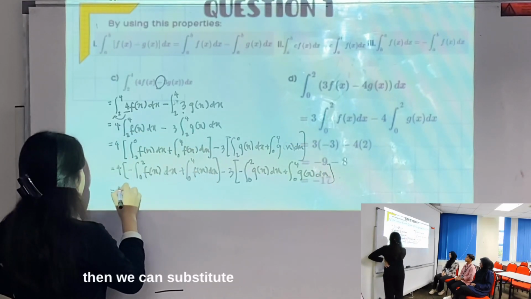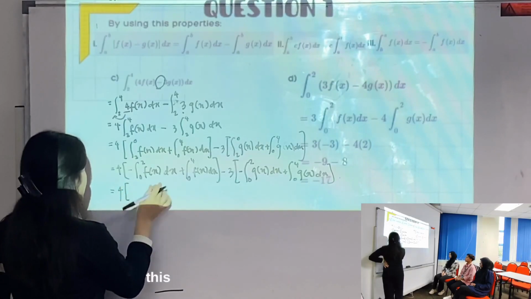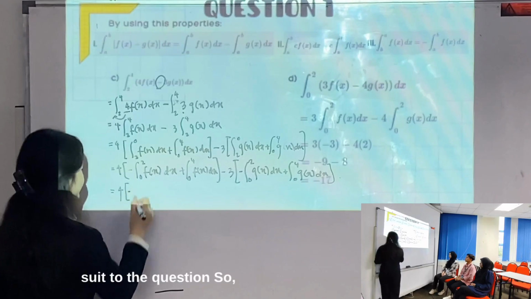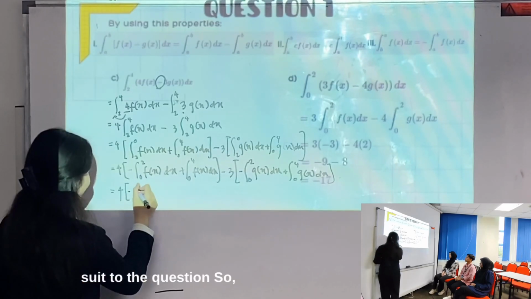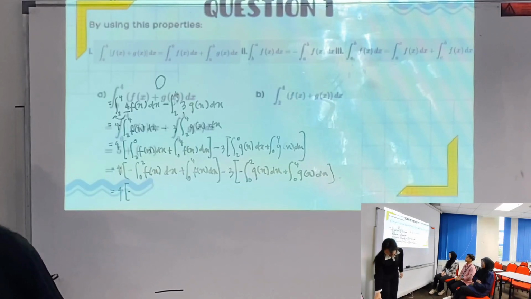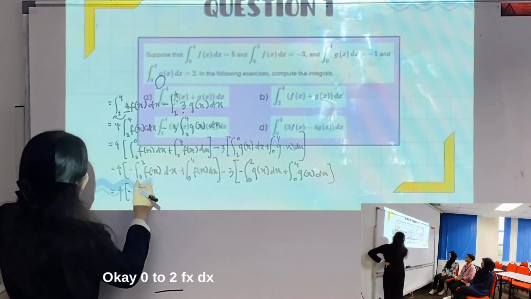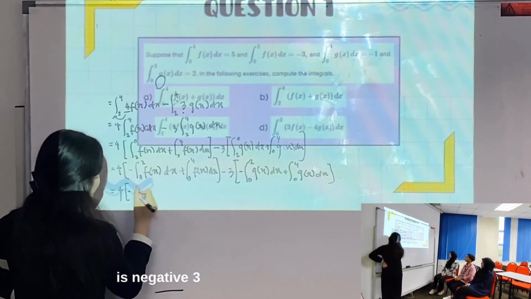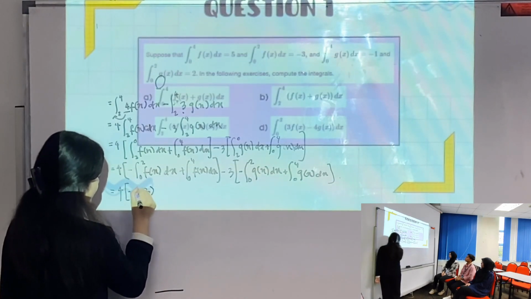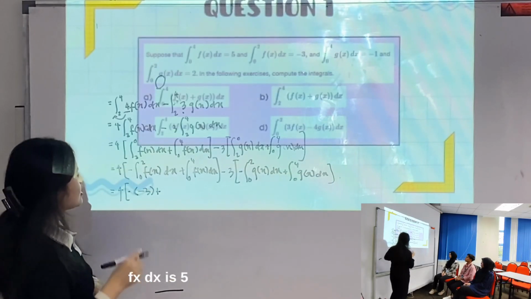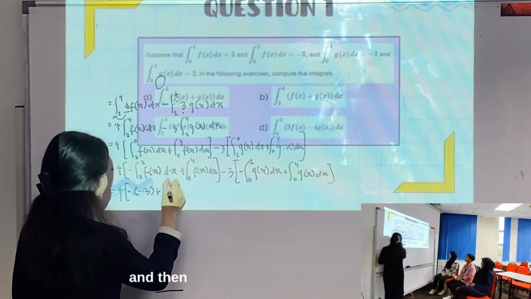And then we can substitute into the question. So we look back. The integral of f(x) from 0 to 2 is negative 3, so negative, negative 3, plus the integral of f(x) from 0 to 4, which is 5.